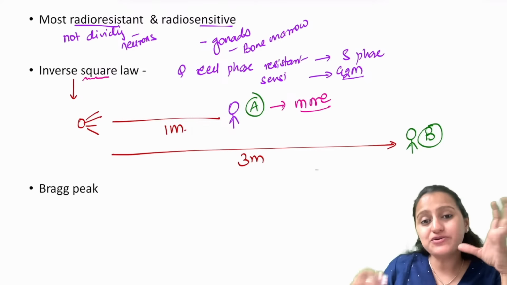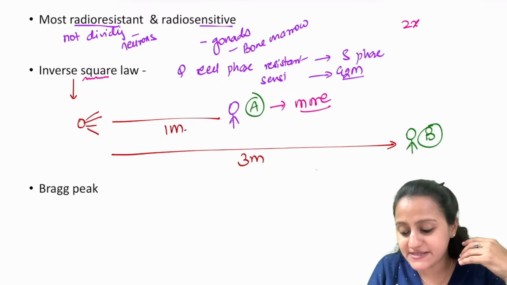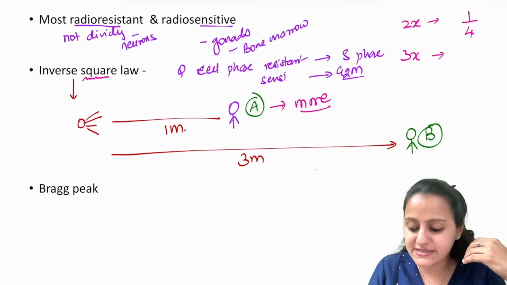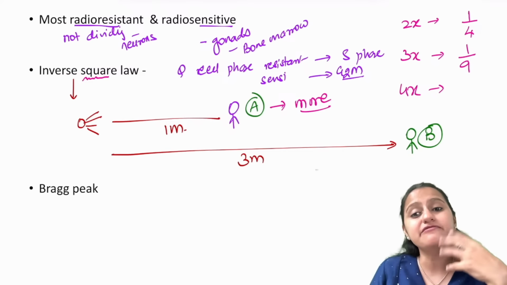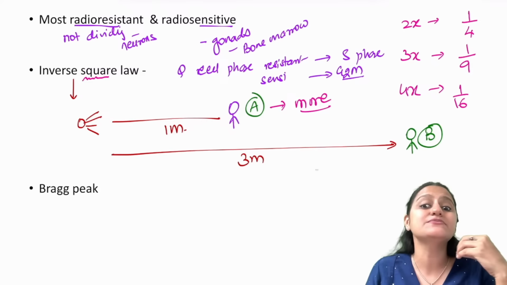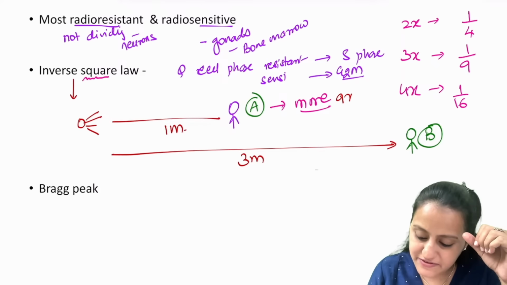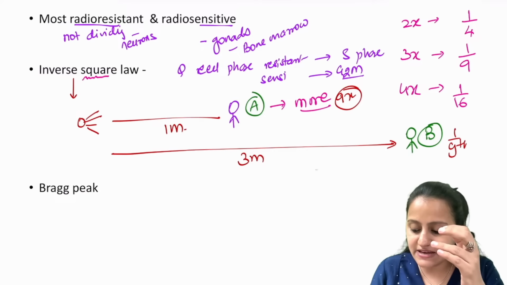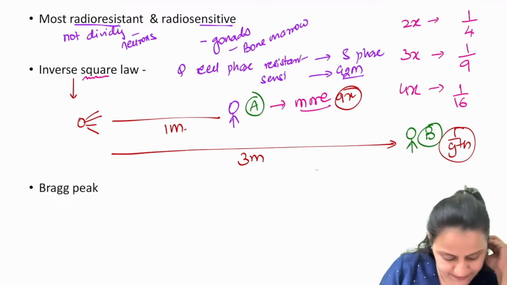When you double the distance, the radiation becomes 1 by 4. When you triple the distance, the radiation becomes 1 by 9, 3 square. When you make it 4x, the radiation becomes 1 by 16, right? So basically A will receive 9 times more as compared to B, or B will receive 1 by 9 as compared to A. Is this clear with everyone?